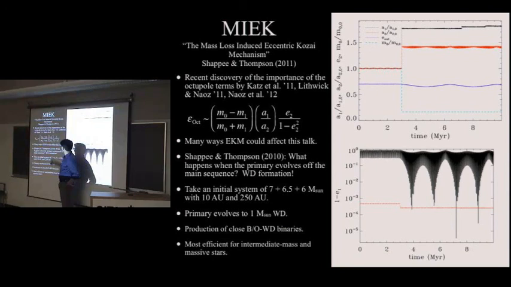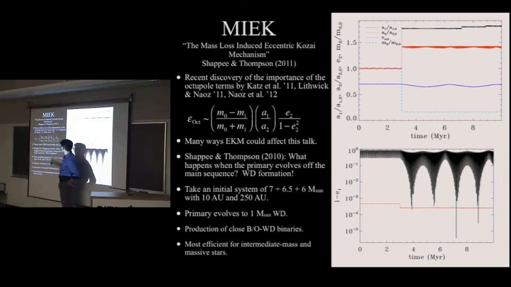And then the 7 solar mass primary evolves into a 1 solar mass white dwarf. And the difference between 7 and 6.5 and between 6.5 and 1 is large. The primary evolves off the main sequence, becomes a 1 solar mass white dwarf, and all hell breaks loose. That's what we're showing in the top panel.